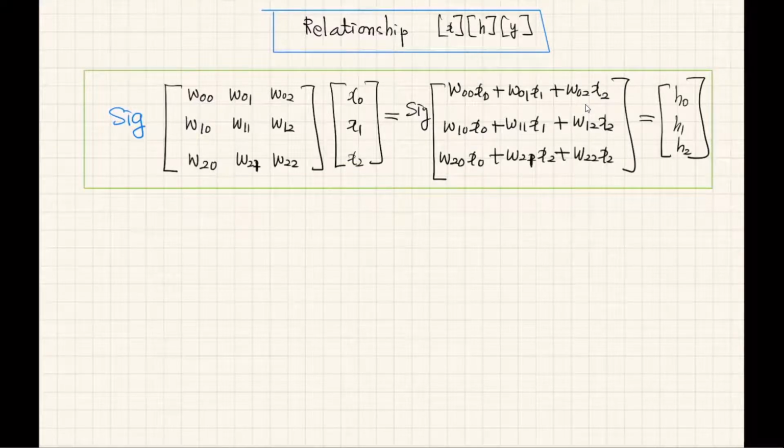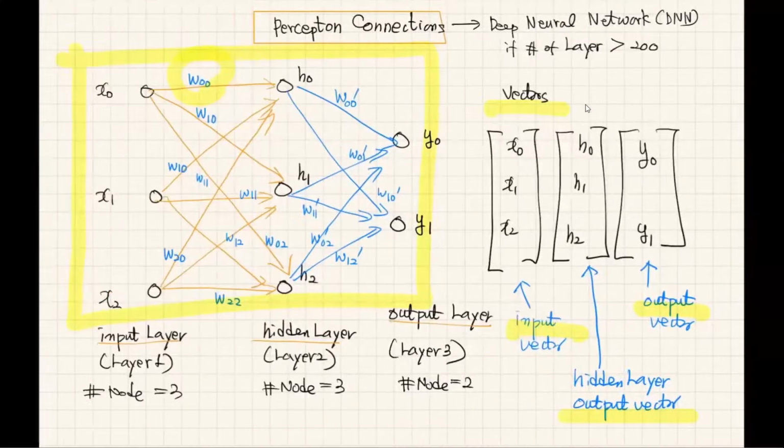Sorry, this is a very complicated writing process, but the first message I would like to give you is that the input vectors are multiplied with the weights, and that becomes the input of the activation function. As I mentioned before, we're going to use the sigmoid function for a while. Then the output H will be determined.